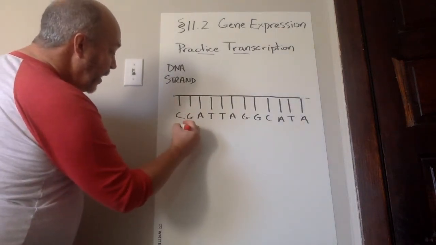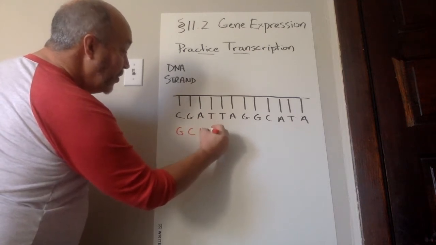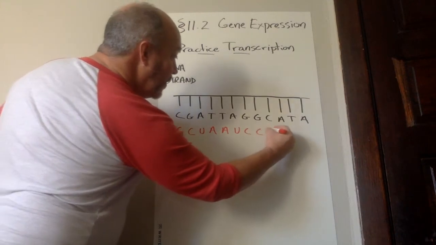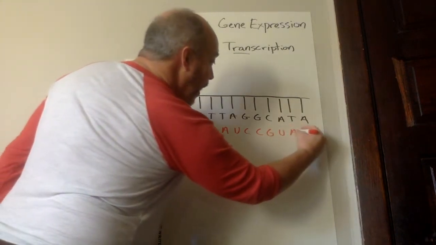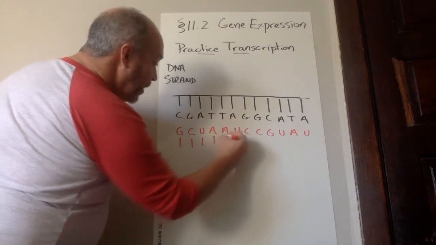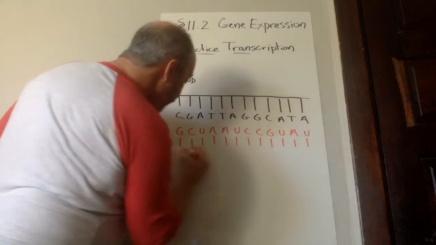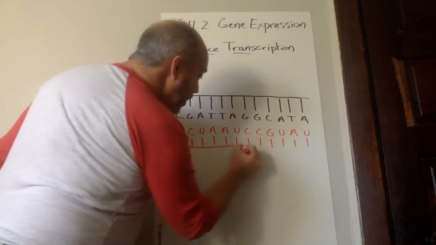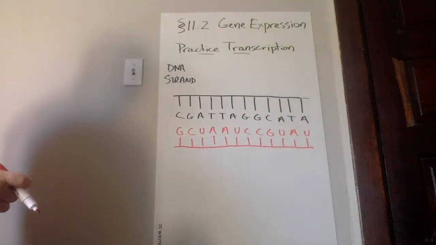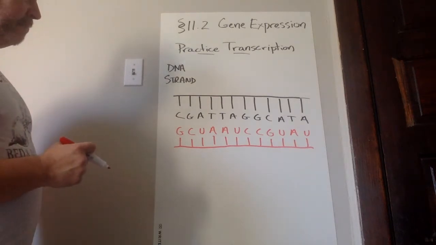So opposite C is G, opposite G is C, opposite A is U, opposite T is A, U, C, C, G, U, A, U. And so we can draw out these nucleotides. And so the mRNA strand that would be created from this segment of DNA would have this composition. They have found their complements.